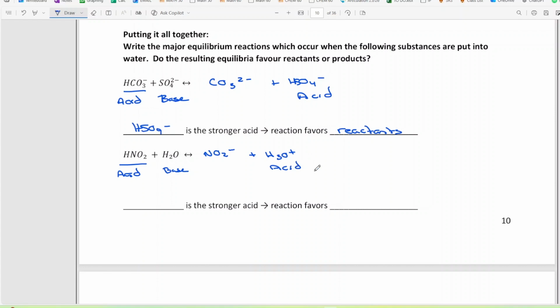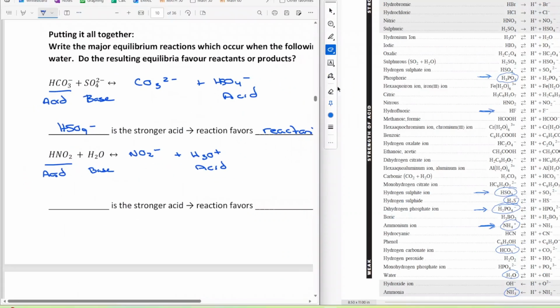Out of those two, which is the stronger acid? Well, we know that H3O plus is the strongest acid that can exist in water. So we've got the H3O plus, and then we're comparing that to the HNO2. HNO2 is down here, so definitely the H3O plus is going to be the stronger acid, which is going to mean that the reaction favors the reactants, right? The strong acid drives the reaction towards the weaker acid.